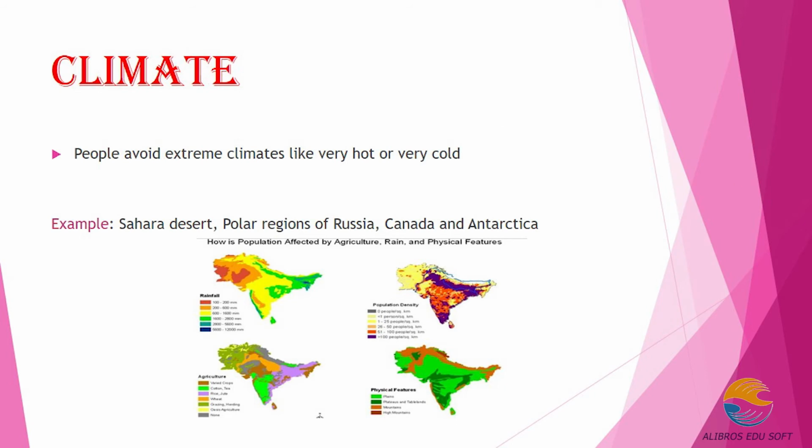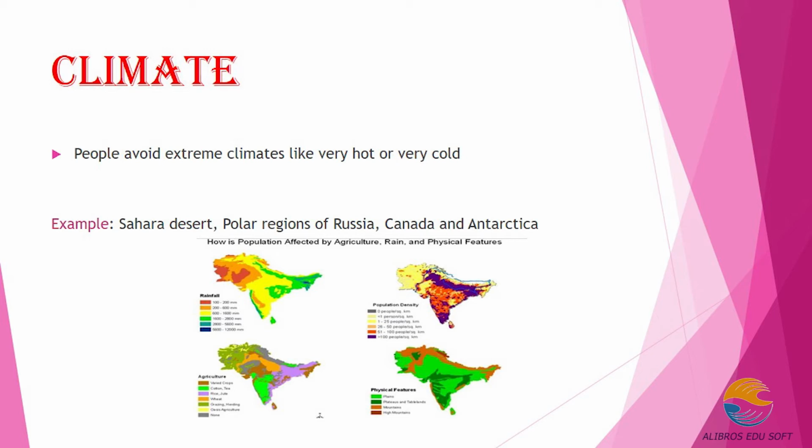Next is geographical features. Geographical features include climate, natural resources, soil, water, minerals and also relief. Let's first explain about climate. People usually avoid extreme climates that are very hot or very cold. They will only try to live in moderate temperatures.